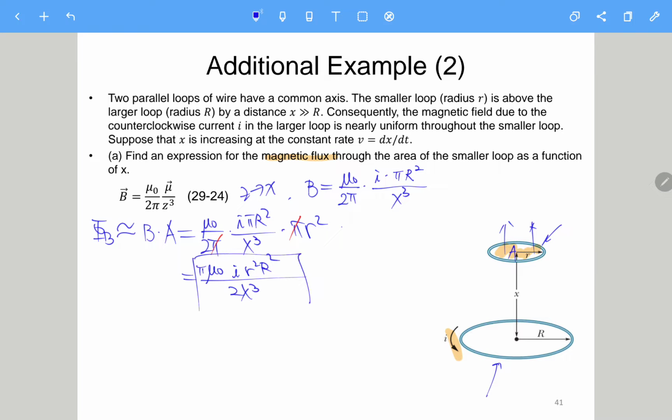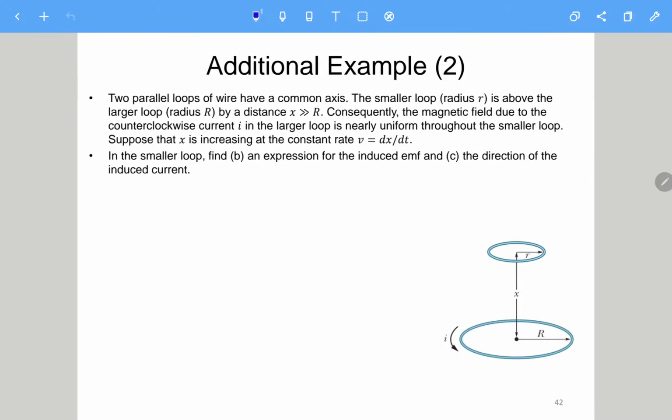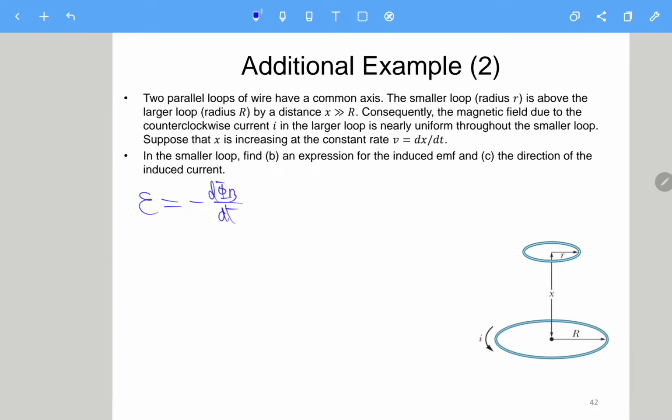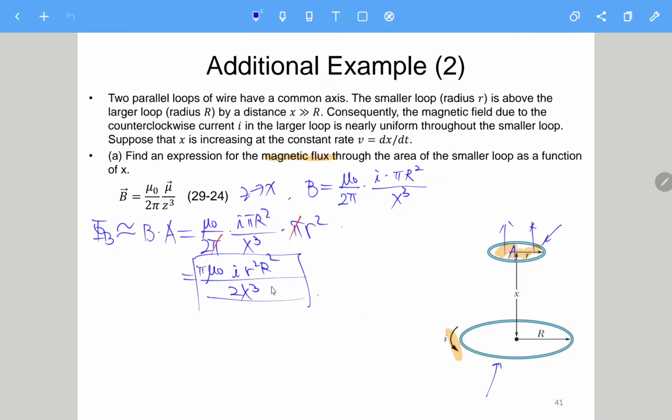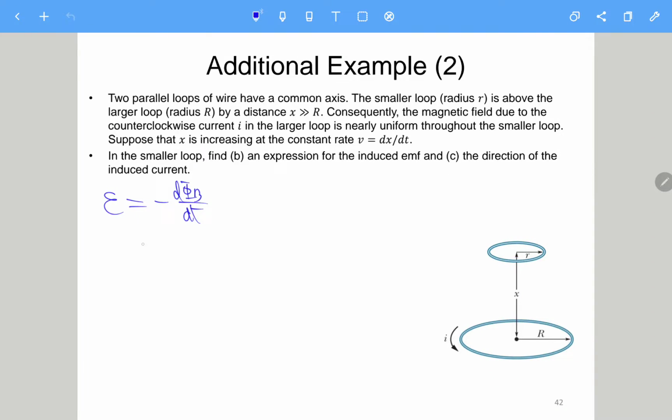So this is the answer for part A, and then part B asks to find the expression of the induced EMF. We can make use of Faraday's law, which is EMF equals negative d phi B dt. In the previous one, we already found phi B to be this expression, so we just plug this expression here.